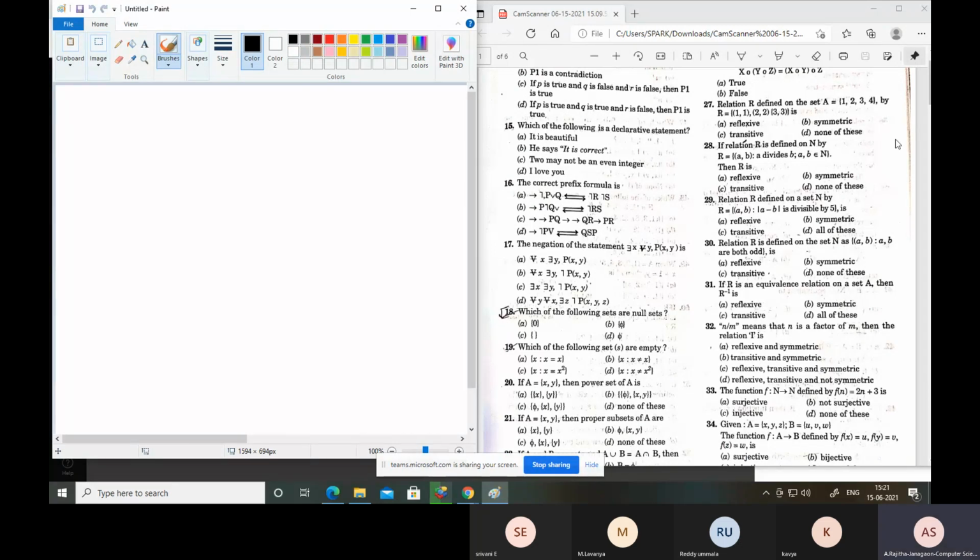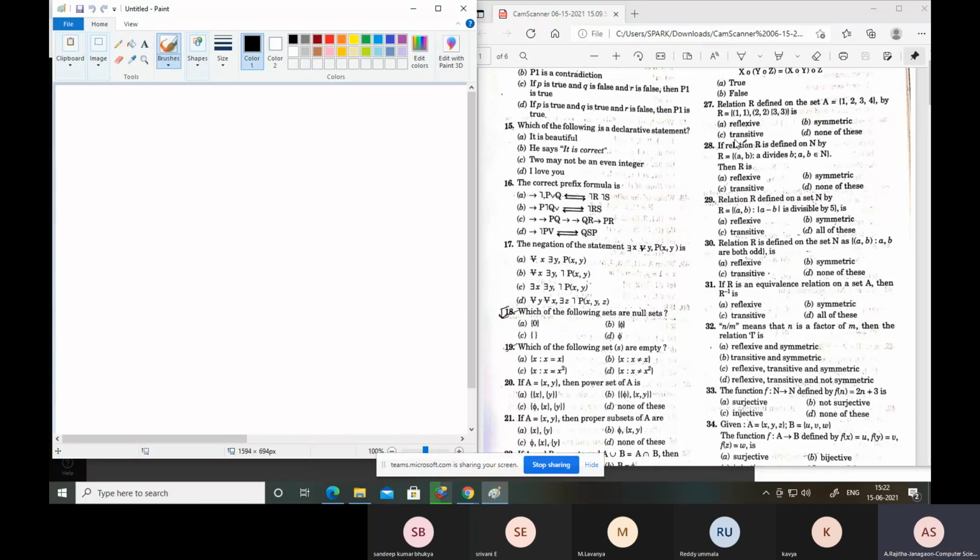Suppose you observe the symmetric property here, 1 to 1. So from 1 to other, there is no, sorry, this 27th one is reflexive and symmetric, then transitive.